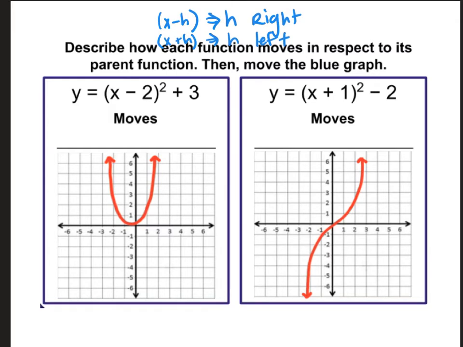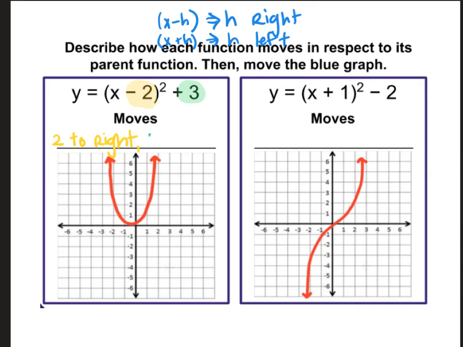So in my first problem, we have x minus 2. So since we have a minus 2, that means it's going to move 2 to the right. And then we have a plus 3 on the outside of our parentheses. Remember, if it's outside, it moves it up or down, and it's just the direction you think it would be.